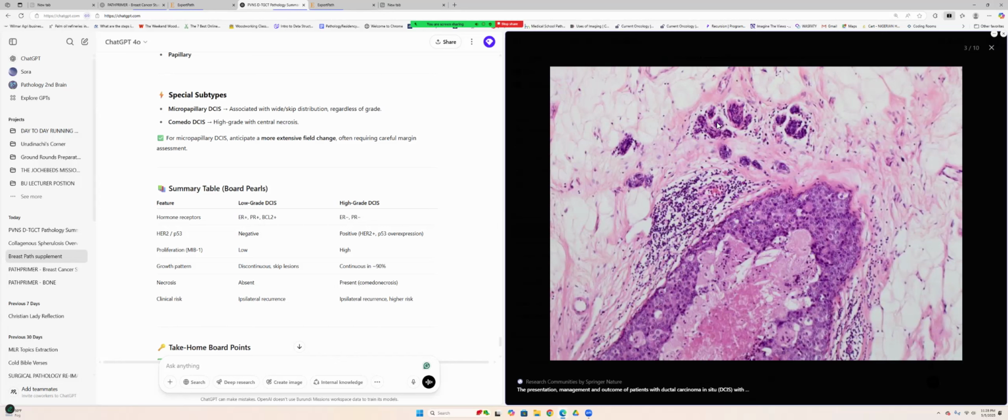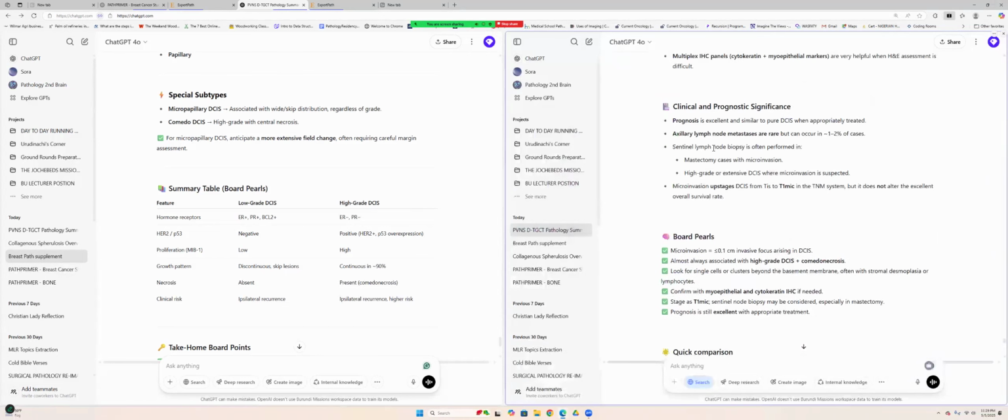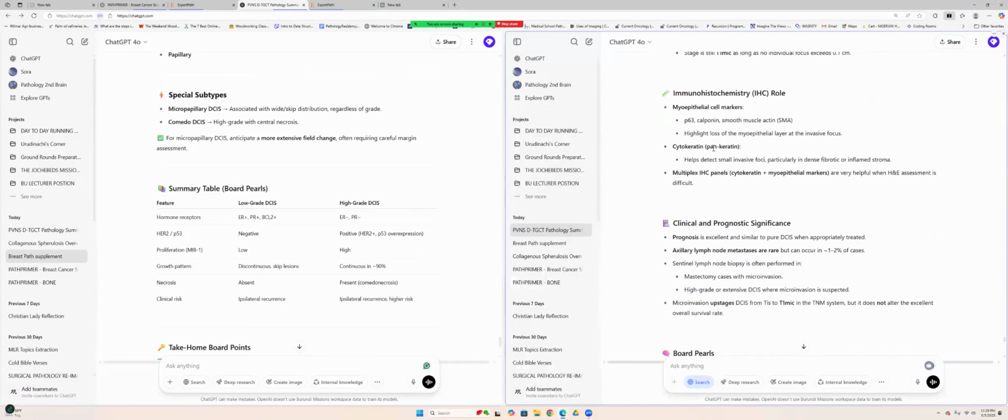Don't forget that some companies do A13 and P63 together, or you can do it separately. A13 cytokeratin, of course, will highlight both of them. We have to always look out for signs of microinvasion or frank invasion. If it's more than 1 millimeter, then that's cancer.